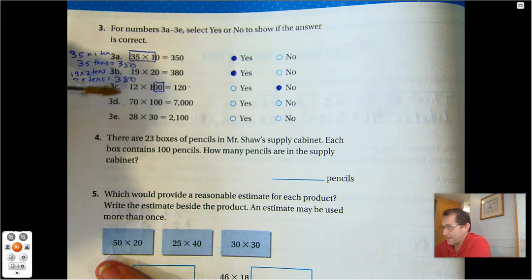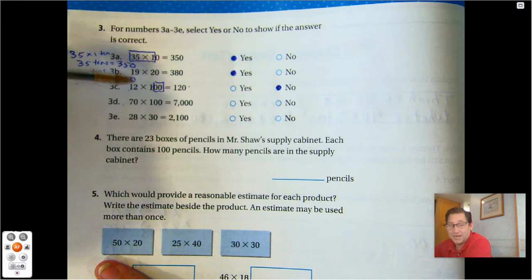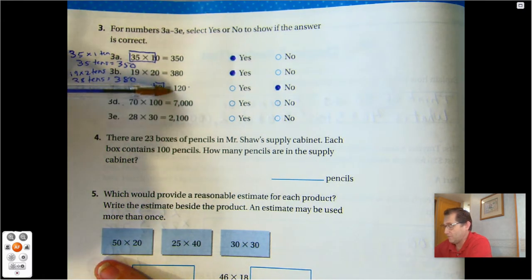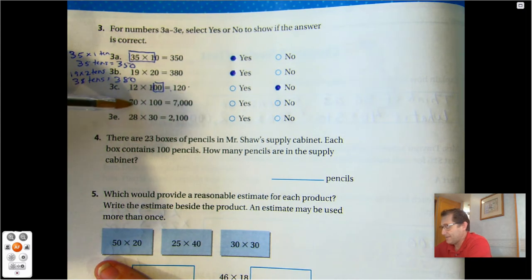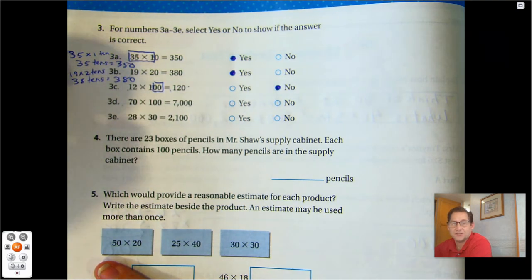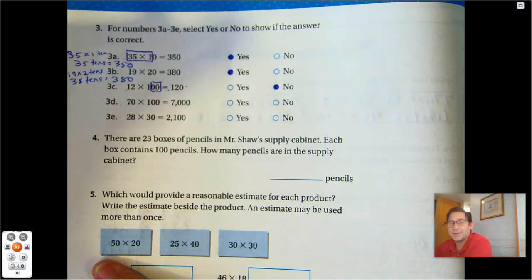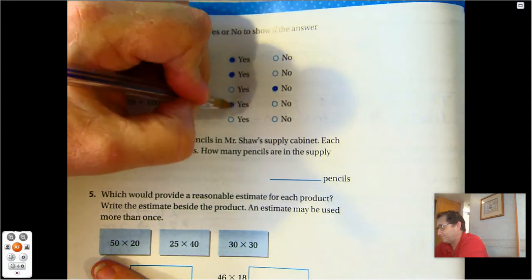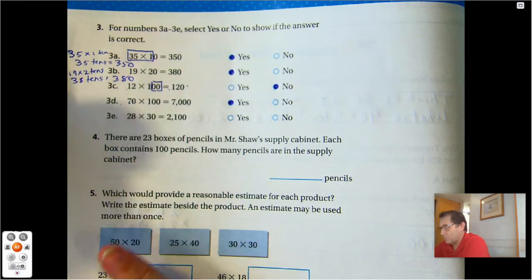In fact, we could just say 12 times 100, that's 12 hundreds. And that's not 1,200 right there. 70 times 100. Well, there's 1, 2, 3 zeros. So that's probably correct. 70 hundreds is 7,000. So yes. And 28 times 30.